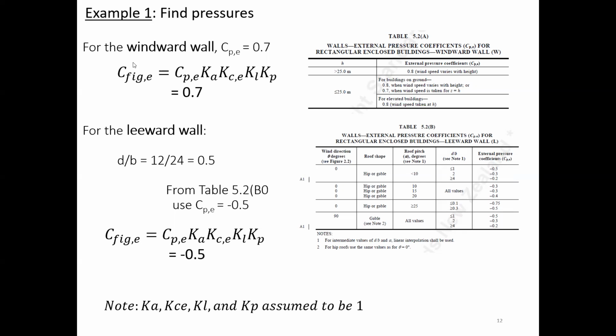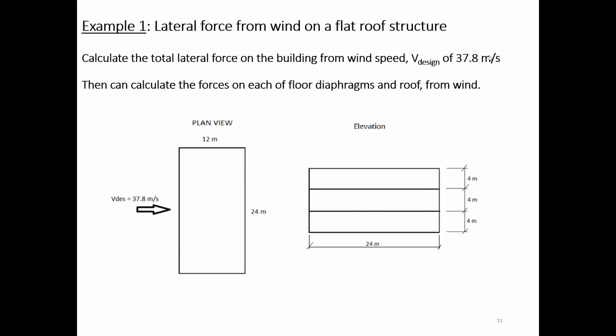I just want you to write down now: Cfig,e, the aerodynamic shape factor, is 0.7 for the windward wall and negative 0.5 for the leeward wall. Just make a note of that. Write that down first, and make a note of V design equals 37.8 meters per second.